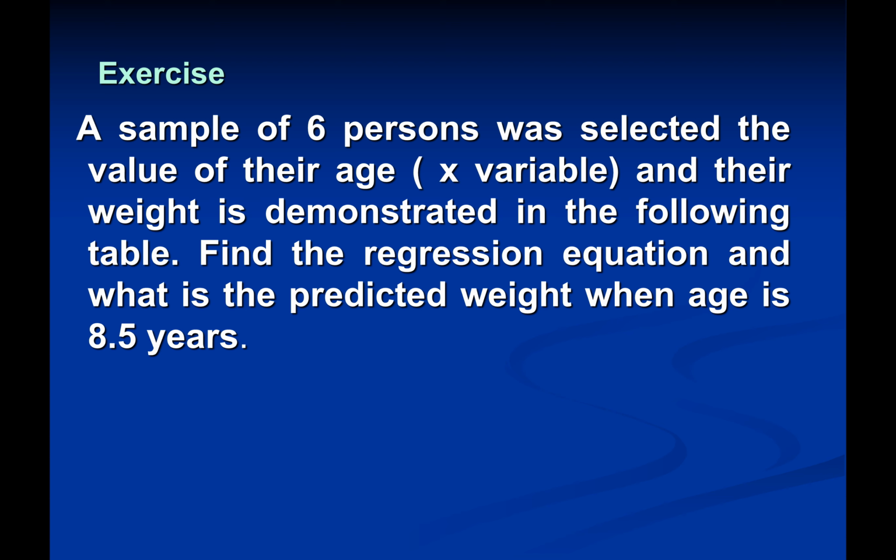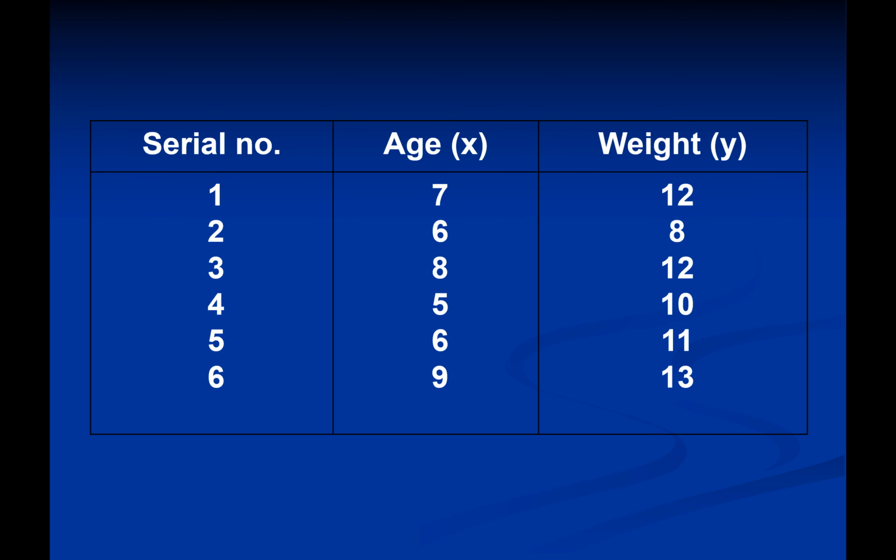A sample of 6 persons was selected. The values of the age, the x variable, and the weight are demonstrated in the following table. Find the regression equation, and what is the predicted weight when the age is 8.5 years? We're still using the same data set, x values and y values.